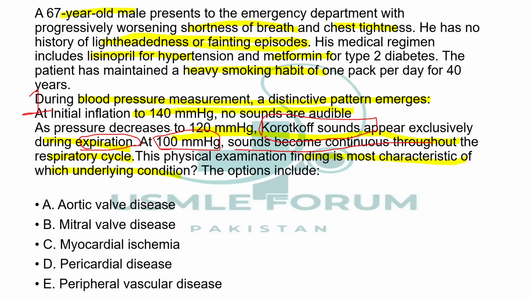So you have to understand that this 10 millimeter decrease of pressure, which is associated with a certain phase of breathing, either expiration or inspiration, is known as pulsus paradoxus, right?